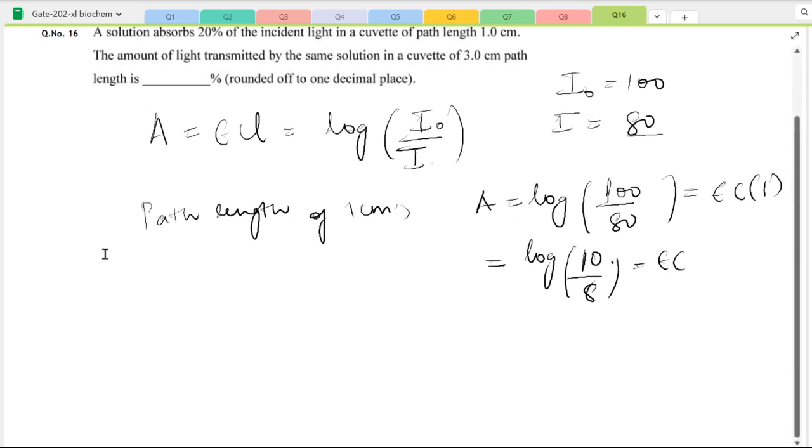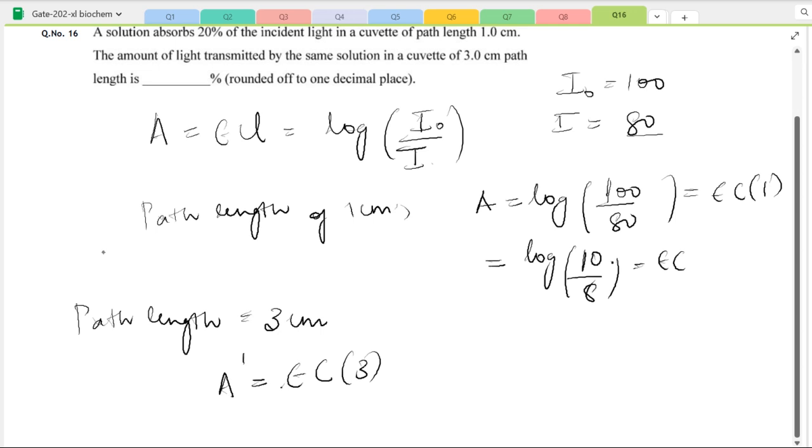Now, if I change the path length of the cuvette to 3 centimeter, then the new absorbance, let's call it A prime, will be epsilon into C into 3 centimeter. However, we know that epsilon into C is equal to log 10 by 8 from this equation. So just substitute that.